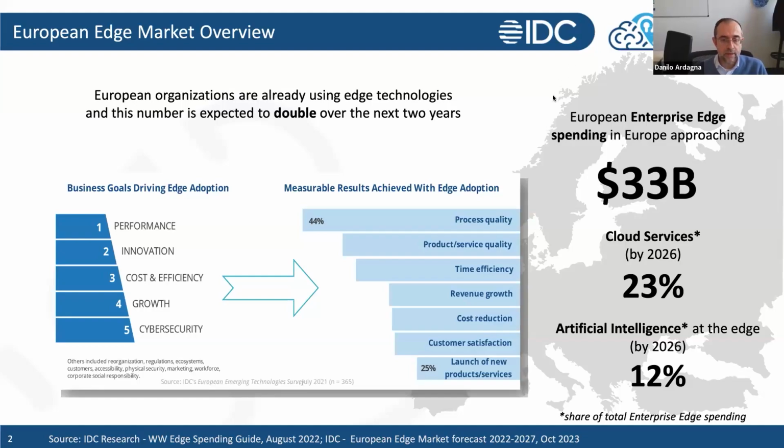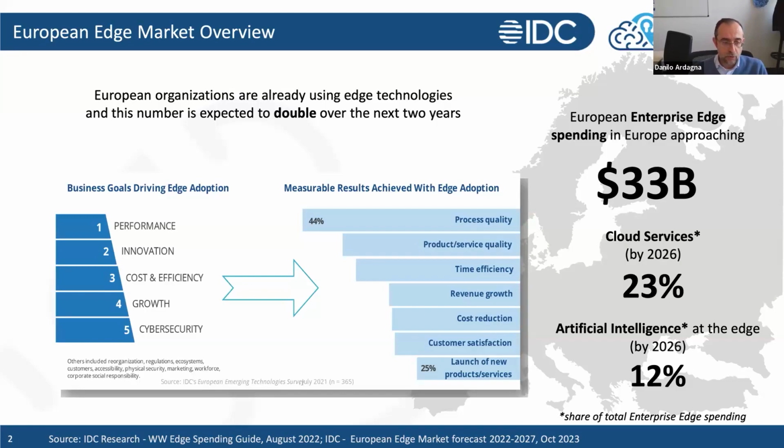So if we look at the edge market, we see that the edge market in Europe is in good health, because these are the figures. We are about to reach 33 billion of edge computing only in Europe. These are European data.